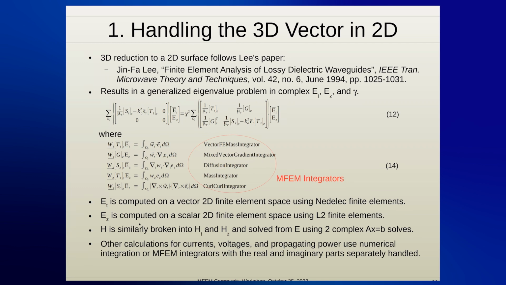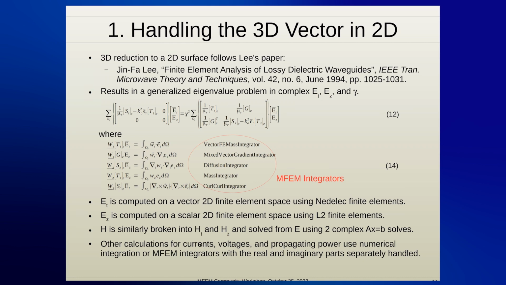So I was able to get it to solve the 3D problem on the 2D space without having to do anything special with respect to the integrators. So the tangential field is calculated using Nedelec finite elements, and the Ez is on the 2D finite element space using L2 finite elements.